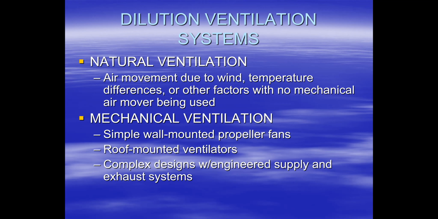So with openings in the bottom, you can get air to rise and circulate just based on temperature differences. The other thing is most areas have prevailing winds, that is a direction that the wind generally blows out of, in which case you can open up that end of the building so that air blows into the building and is then forced up through and out of the building.